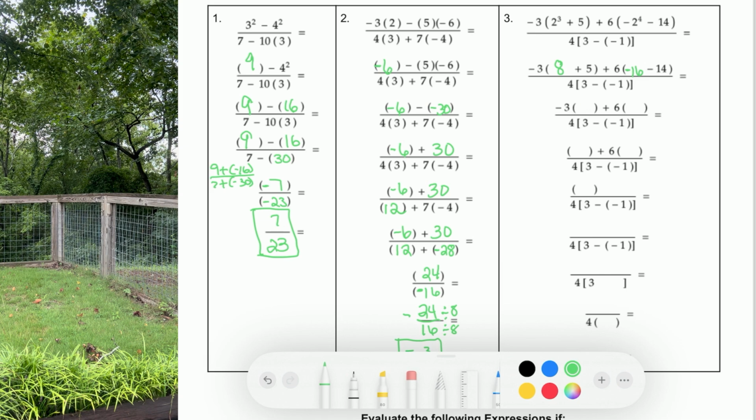I'm going to combine 8 and 5 and get 13. And then our negative 16 minus 14, I'm going to come over here and just write that as our keep it, change. So that means we would actually add and keep the sign and get negative 30. All right, negative 3 times 13 is going to be negative 39.